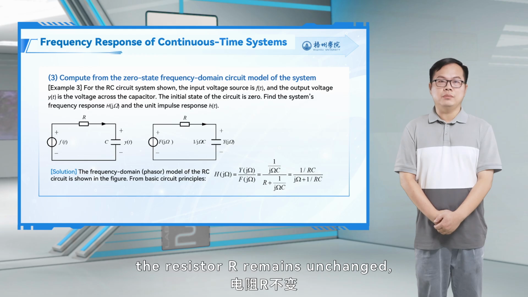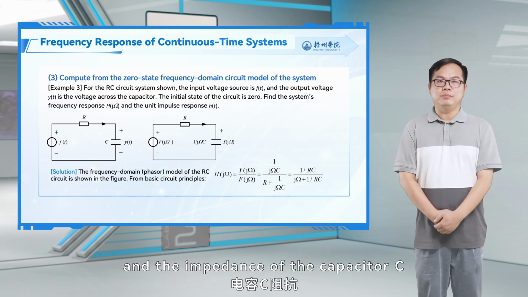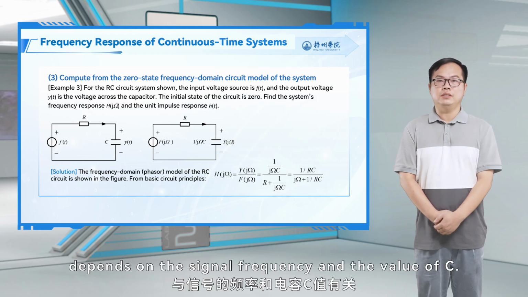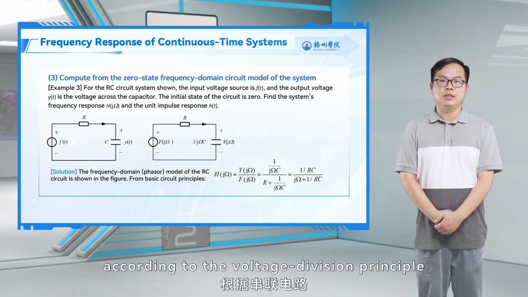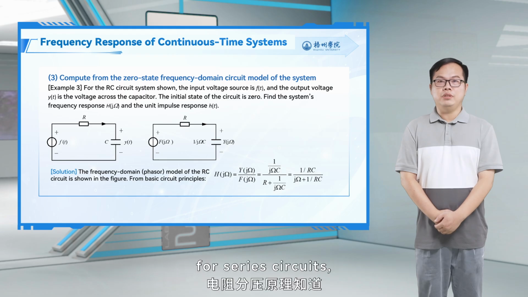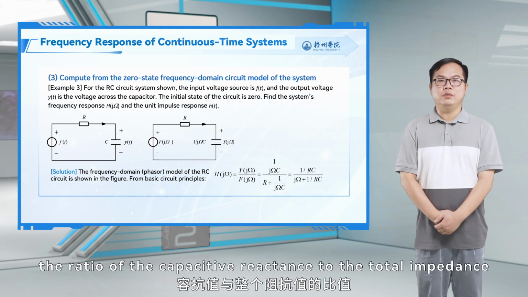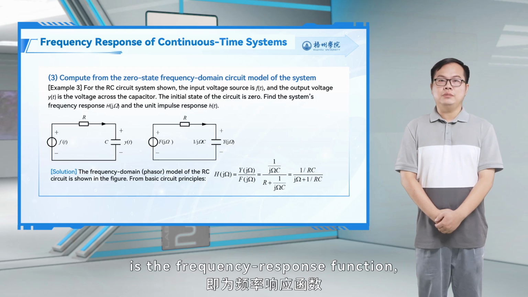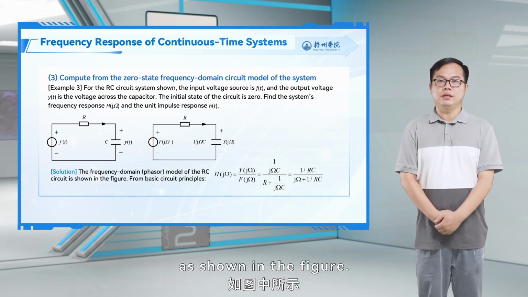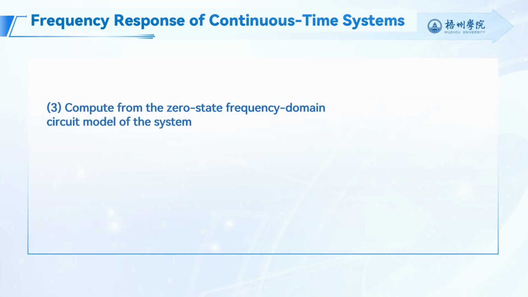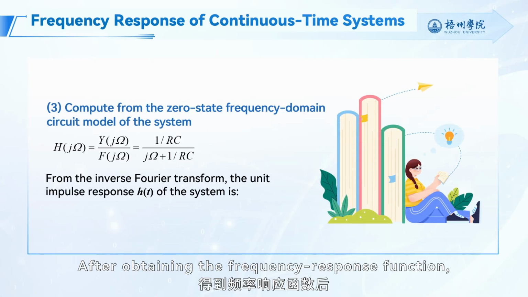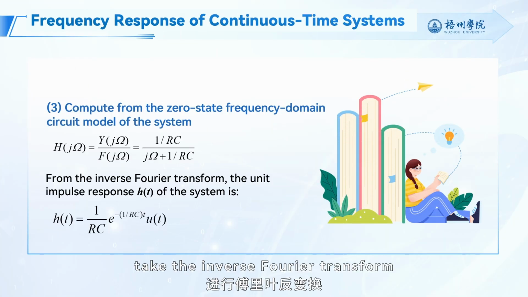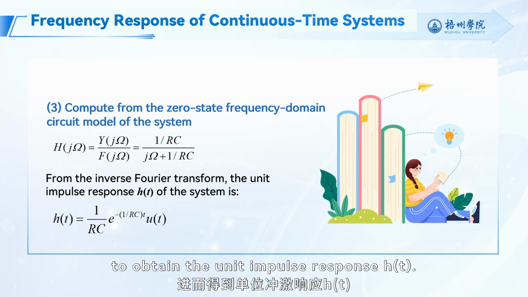The resistor R remains unchanged, and the impedance of the capacitor C depends on the signal frequency and the value of C. Second, according to the voltage division principle for series circuits, the ratio of the capacitive reactance to the total impedance is the frequency response function, as shown in the figure. After obtaining the frequency response function, take the inverse Fourier transform to obtain the unit impulse response h(t).